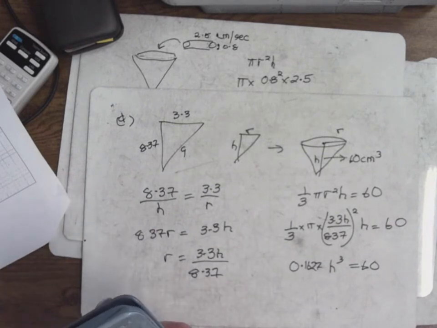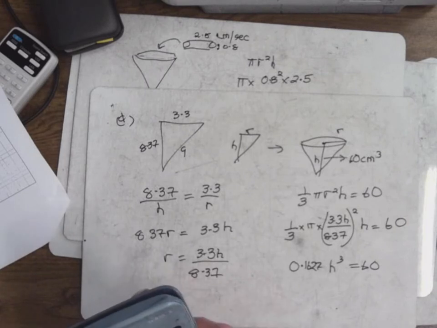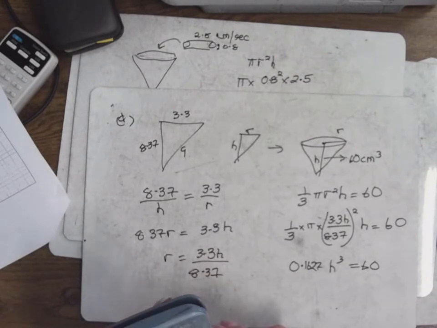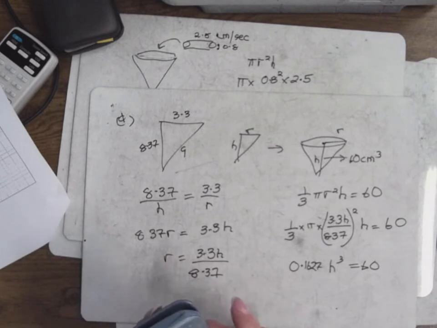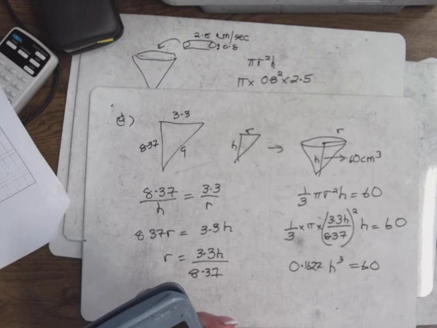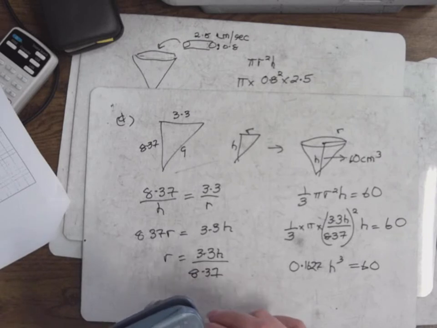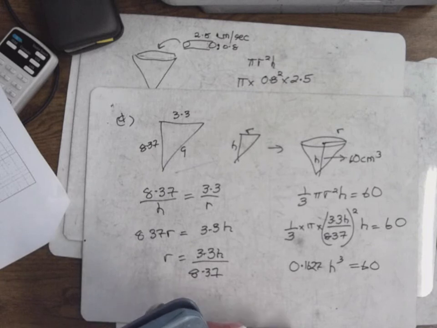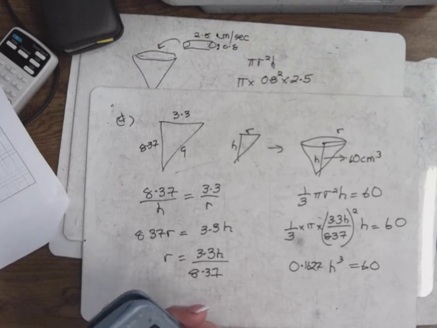So 3.3 over, if anyone wants to jump in and do the calculating, 3.3 squared multiplied by shift and pi multiplied by 1/3.